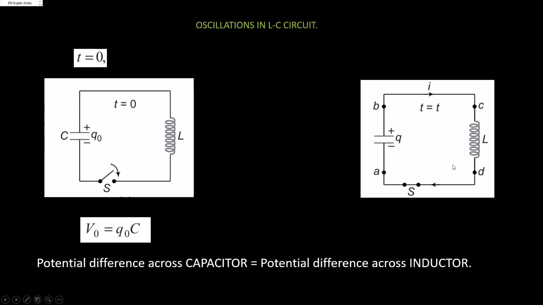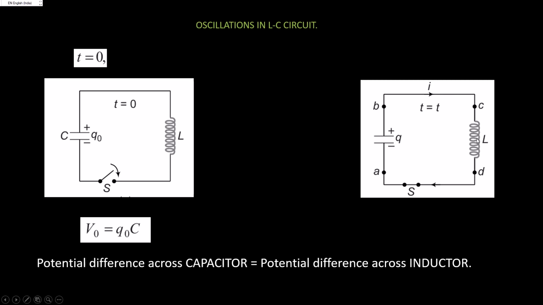These are the two circuits. In the first circuit the capacitor plate is fully charged with Q0 and now the switch is closed, and the capacitor starts discharging and a current flows through this circuit.